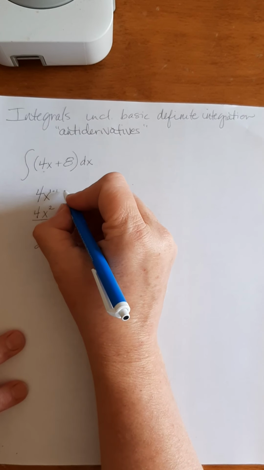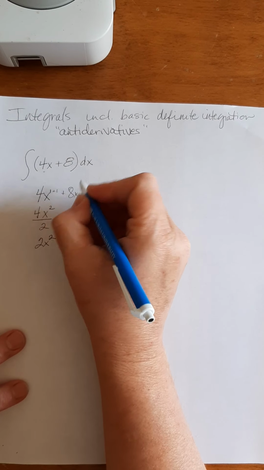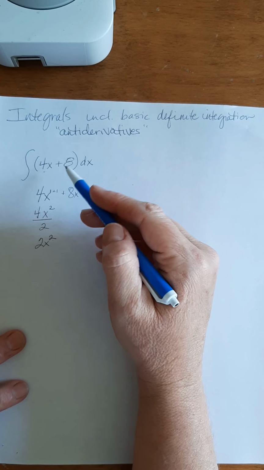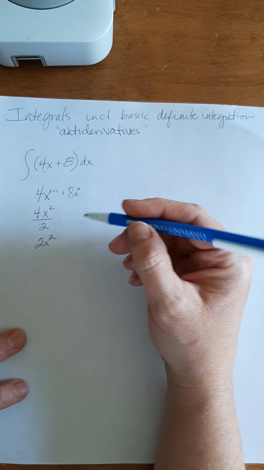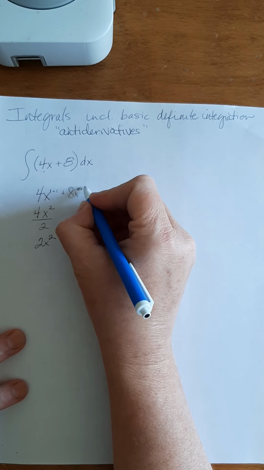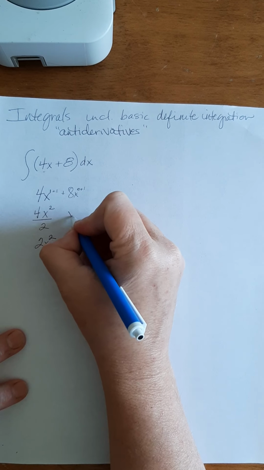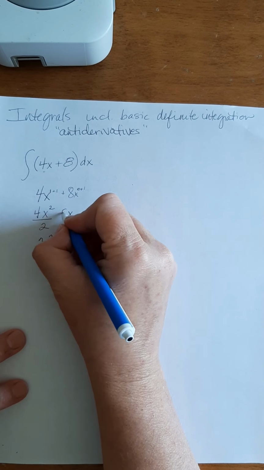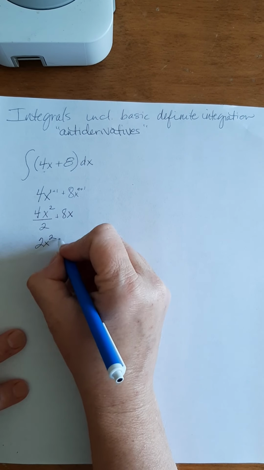Same thing here. Technically there's no variable there, it's a constant. I'm going to show you this one, and then from now on you can just do the shortcut. You can think of it like this. If you add 1, you get x to the first power, and then when you divide by 1, you just get 8x.